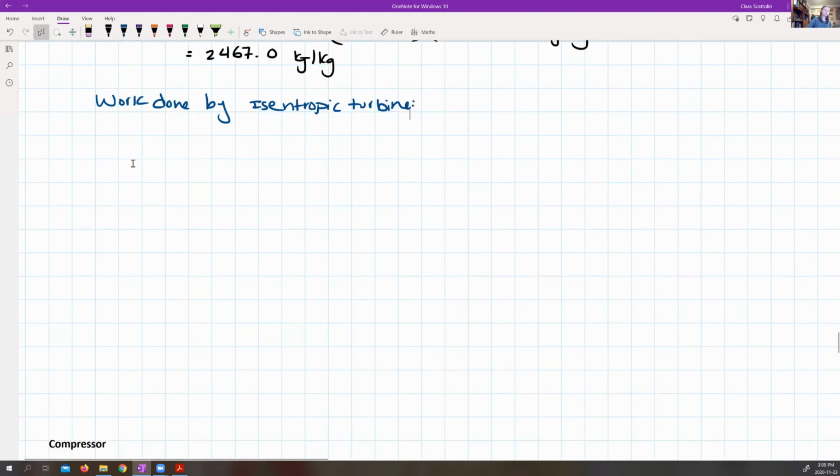All right, so I'm going to look at my first law equations again when we're talking about work. No change in total internal energy, it's adiabatic, does work, m dot, we have a flow in and a flow out, we have a velocity in, and we have a velocity out.